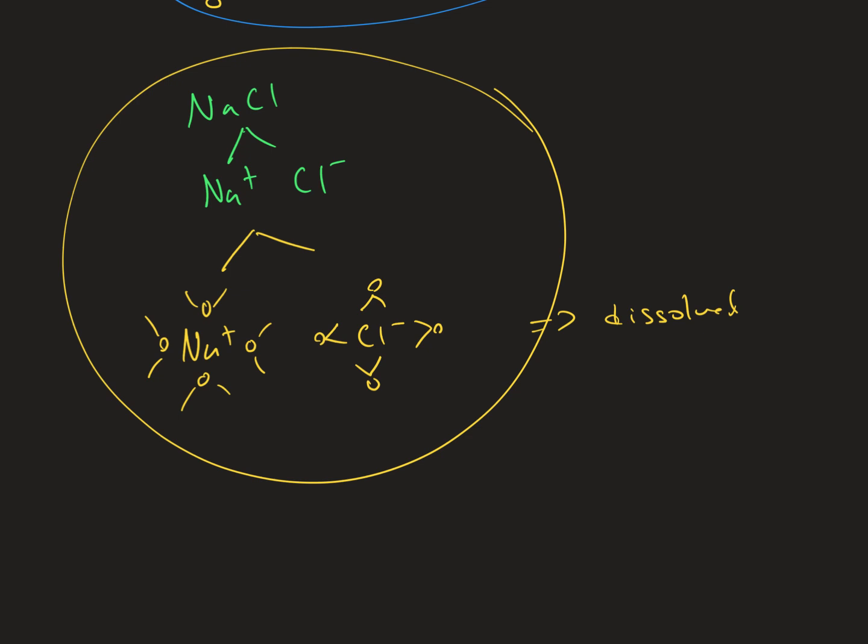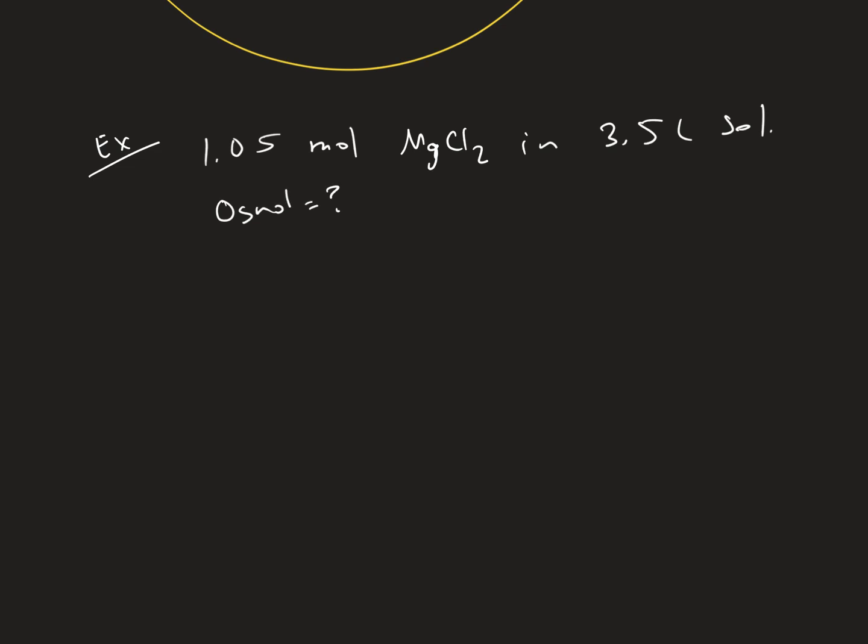Okay, should we do an example of osmolarity? Okay, here's our example. 1.05 moles of magnesium chloride in 3.5 liters of solution. What is the osmolarity? So what do we got to find first?